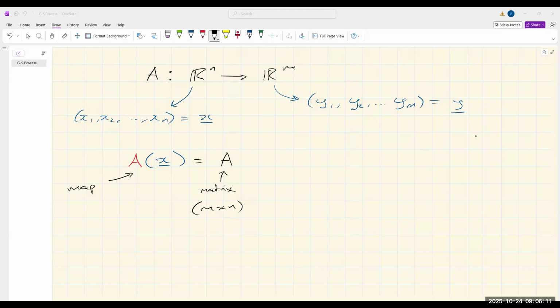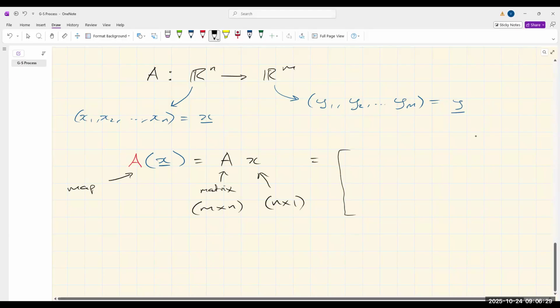Technically it should have been x transpose. Anyway, I'm going to count this vector as being an n by 1 vector: n rows, one column. So this is my matrix, right? We have n columns and m rows.